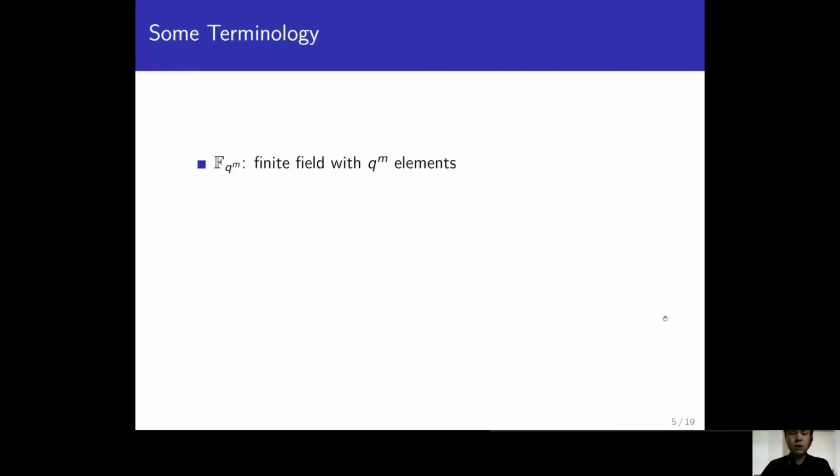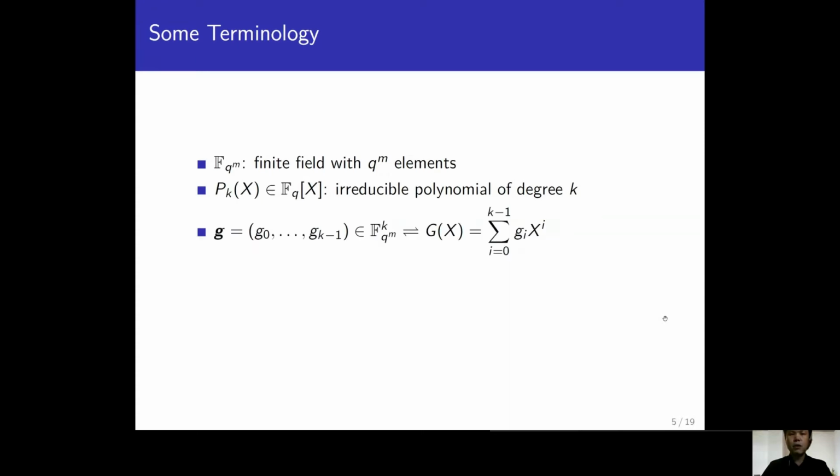Here is some terminology before I move on. We consider F_{q^m} as a finite field with q^m elements, and an irreducible polynomial P of degree k. Now consider a vector G of k tuples in F_{q^m}. We can view this vector G as a polynomial G(x) with coefficients G_i.